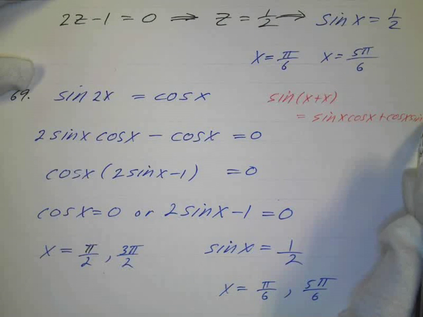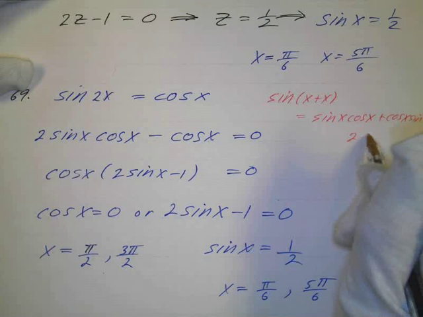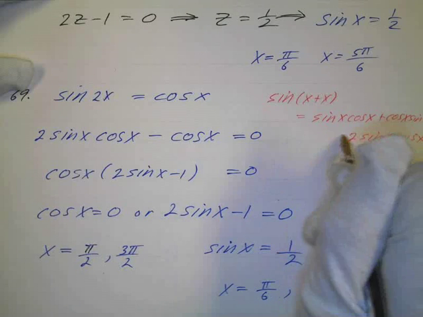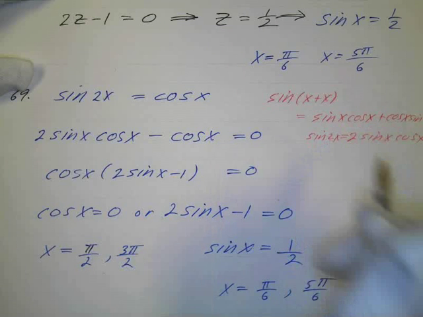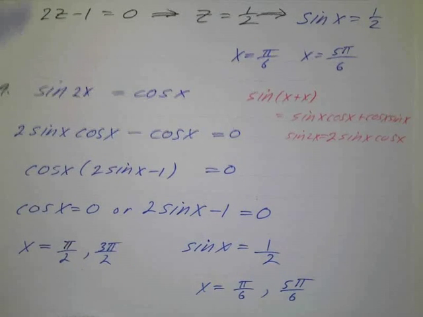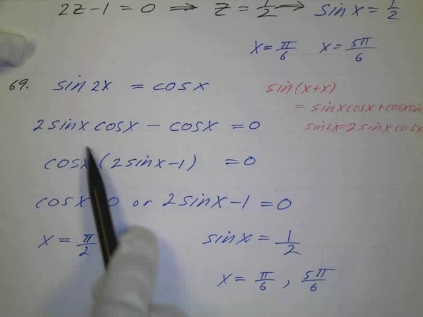But these are the same. I've got sine of x cosine of x, and this is just the same thing as sine of x cosine of x, so I've got two of those. So 2 sine x cosine x, and this is just x plus x, so that's just the sine of 2x. So you can see how easy that is to derive. Real easy to derive in case you forget it.